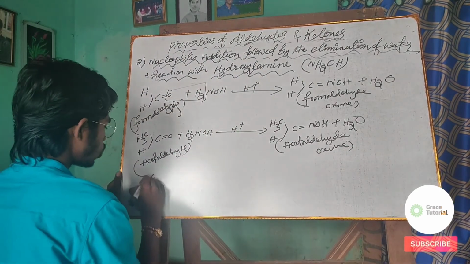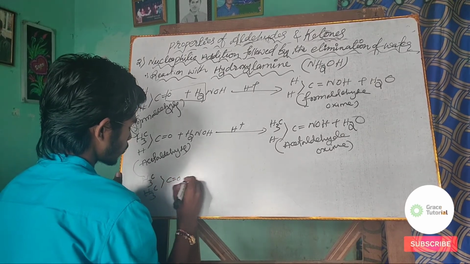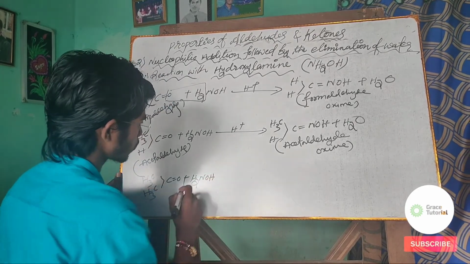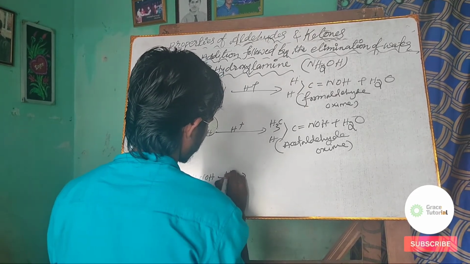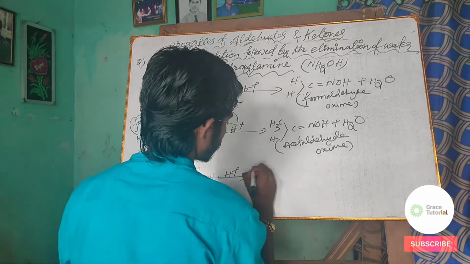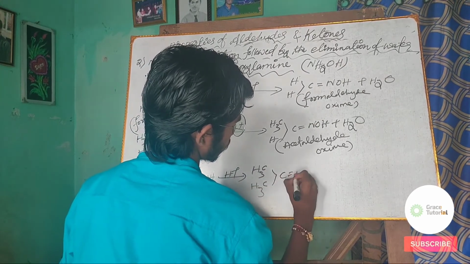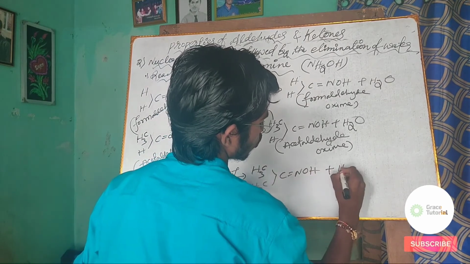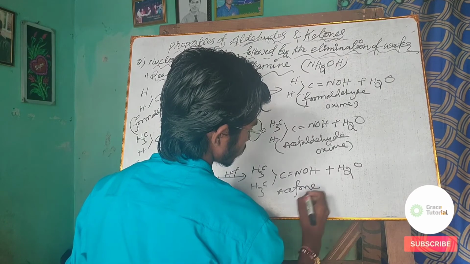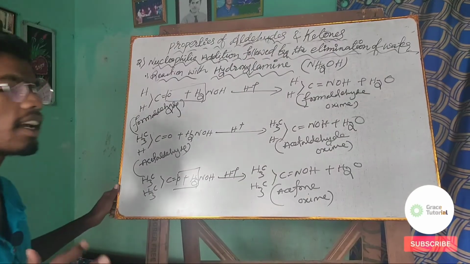If you take acetone, water is removed from here, and finally it gives, with the elimination of water, acetone oxime. So the product named with oxime is obtained here.